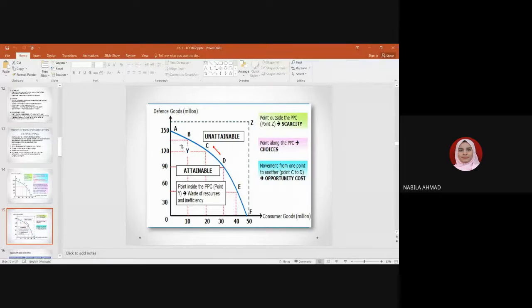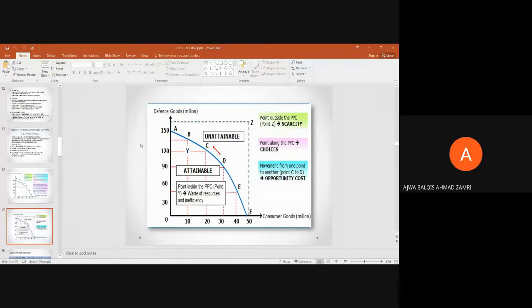Boleh, tapi inefficient. It's not efficient point. Sebab apa? Sebab kita tak menggunakan resources itu sepenuhnya. The resources are not fully utilized, so kita waste the resources. Right? So, Y is attainable but inefficient. Boleh? Boleh faham tak?